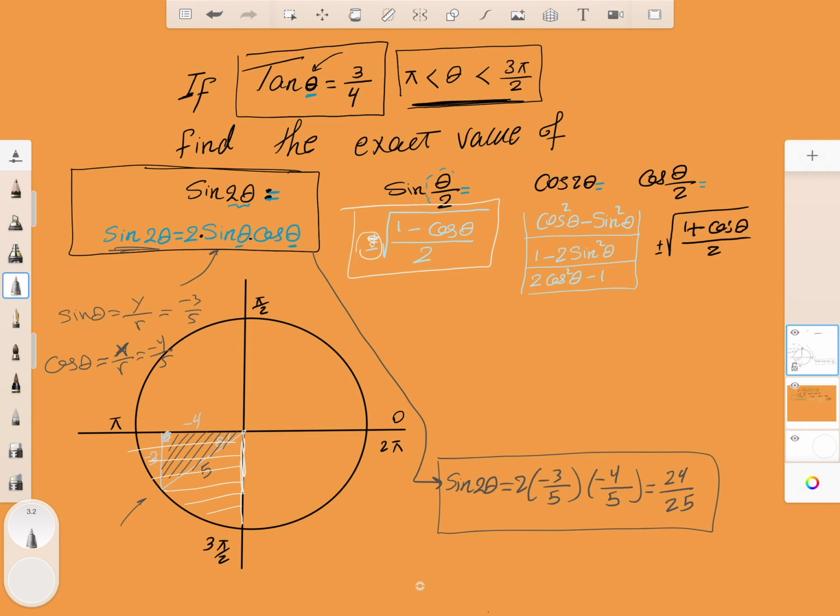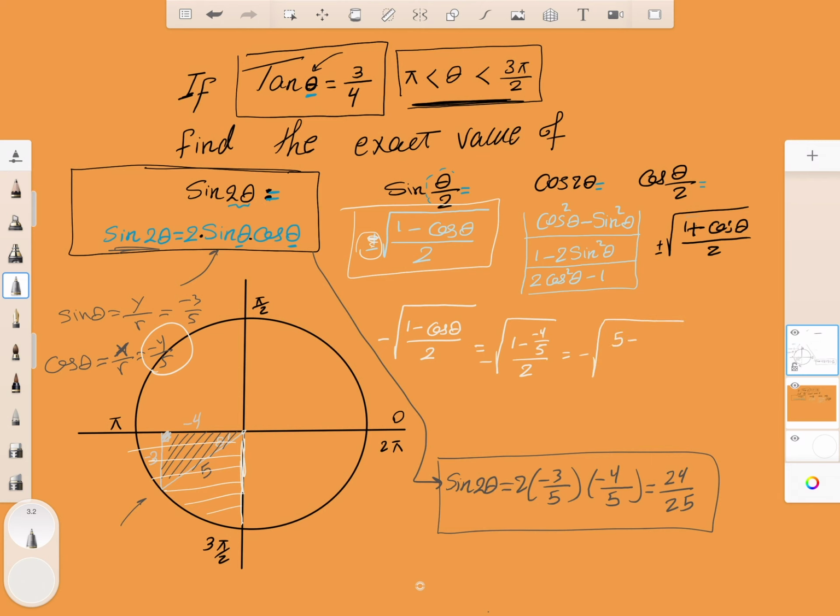So the answer will be negative radical 1 minus cosine theta over 2, which is negative radical of 1 minus negative 4 over 5, divided by 2.